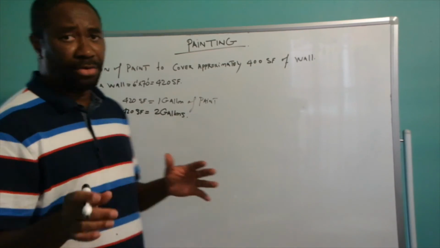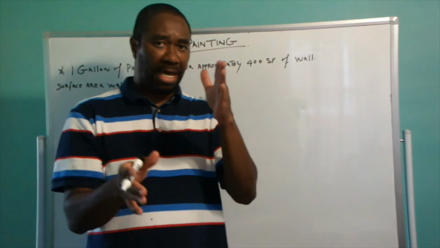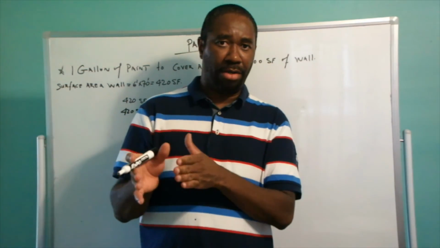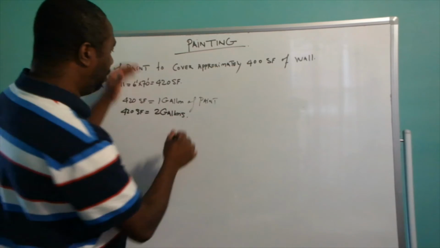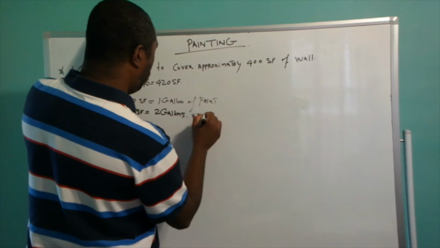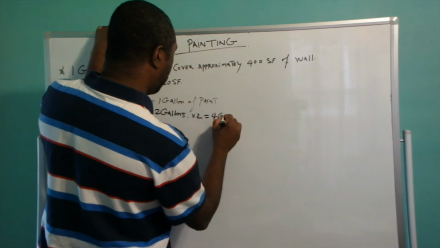And you have to remember that we are going to paint both sides of this wall here. So we are going to need 2 gallons times 2, so that is going to be 4 gallons.